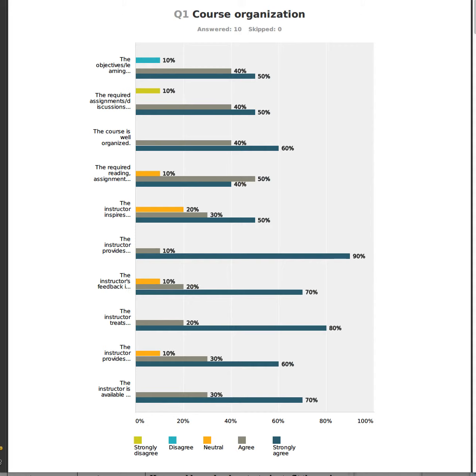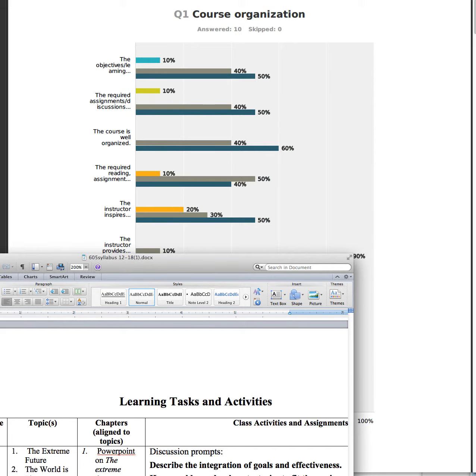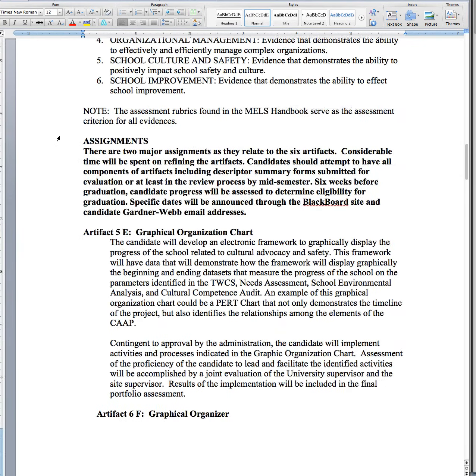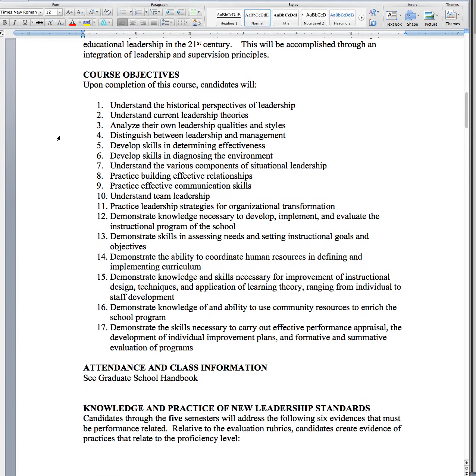You can also review the objectives for the course in the course syllabus. I'm going to just pull that in right here. And the objectives are in the course syllabus here.